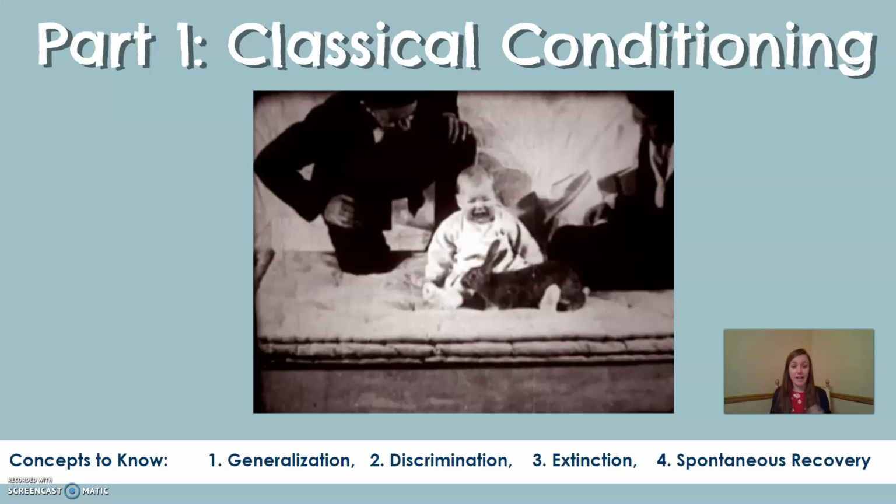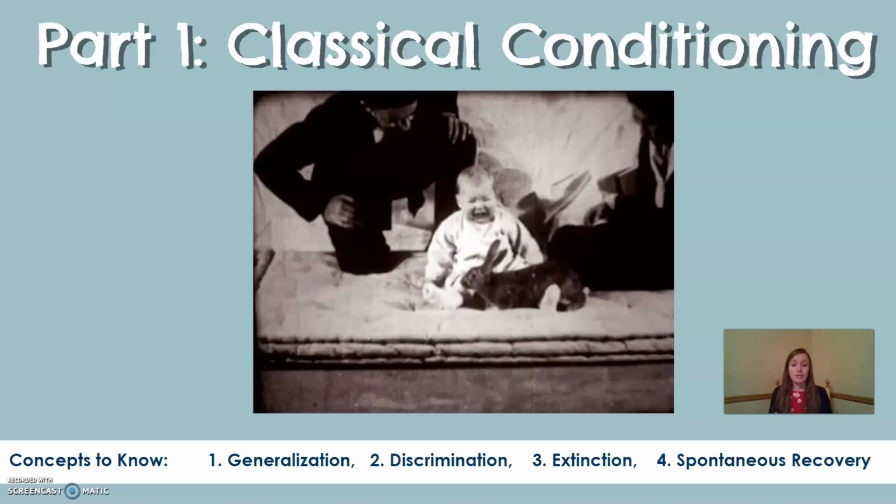So after he conditioned the fear response, he presented other things that were similar to the white rat, furry objects. And he noticed Little Albert exhibited the same fear responses to things that were similar. He generalized furry objects like the bunny or a puppy. And this is called generalization. Whenever he would have the same conditioned response to similar objects to the conditioned stimulus.